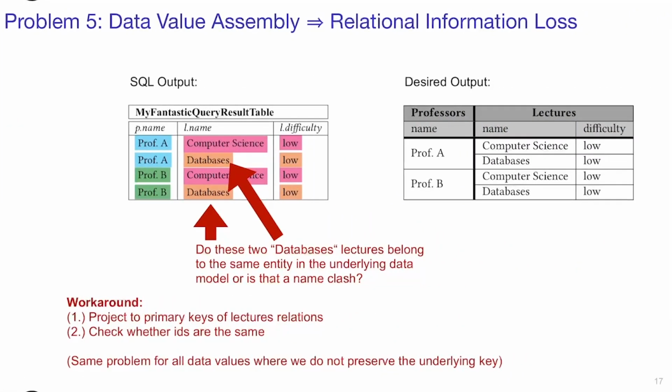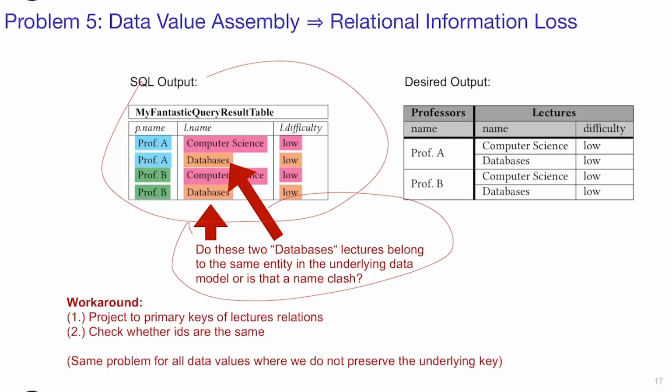Then another interesting thing is you lose information about the schema, about the underlying structure of the database. So if you just look at the result, you don't really know: do these two database lectures belong to the same entity in the underlying data model, or is it a name clash? In theory, there could be two lectures named computer science.